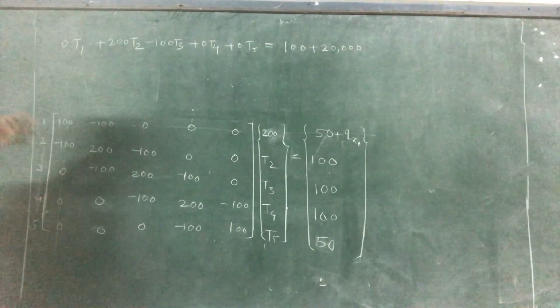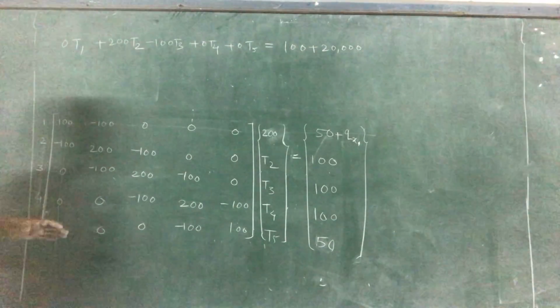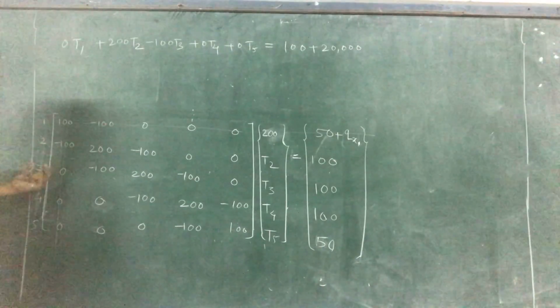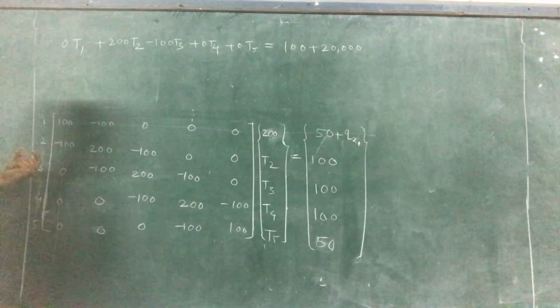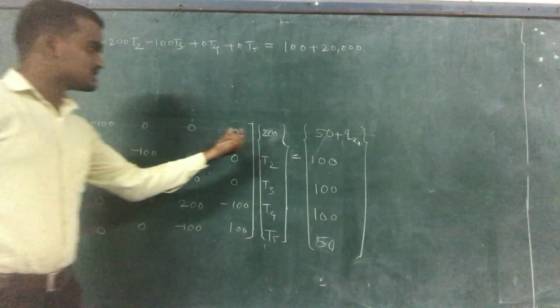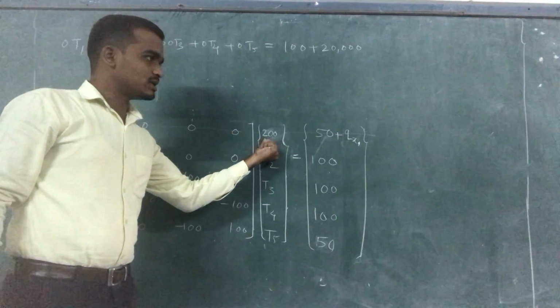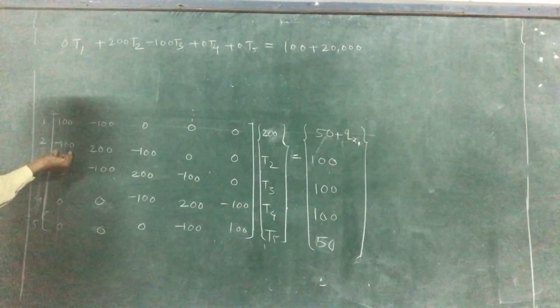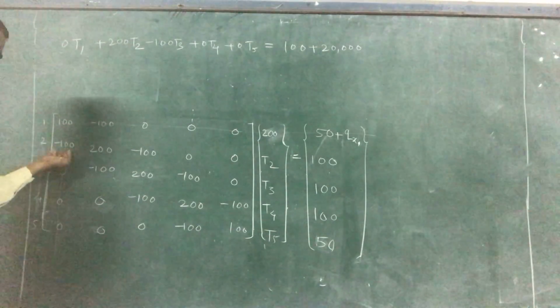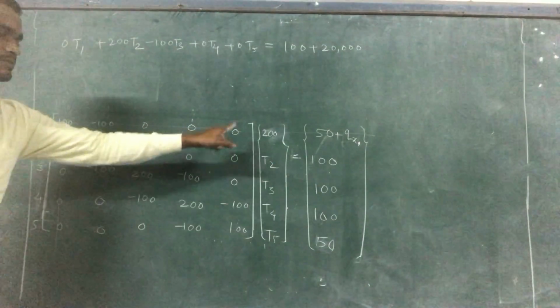So we need to cross check which equation is affected due to the temperature T1 equal to 200. Here the second equation is affecting, and we need to take this value on the RHS due to the temperature T1.